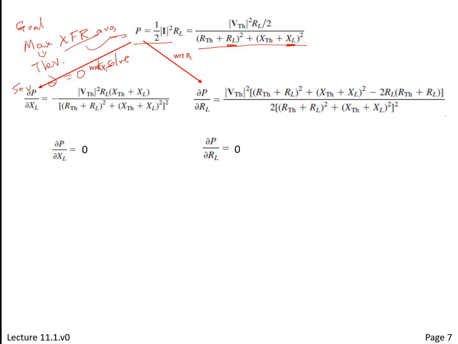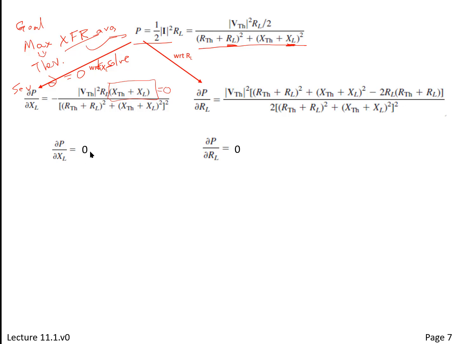Now, when we do that, what is it that we're actually going to end up seeing? Okay, you can see right away here, almost by inspection, if I set this equal to 0, it's only the top. Here's the only term that can make any difference. You're really setting this term equal to 0.